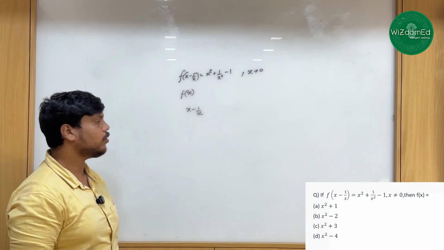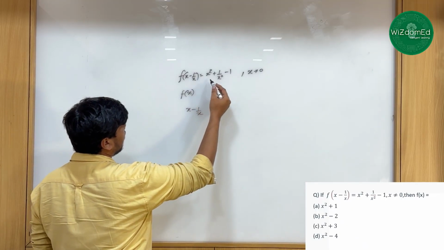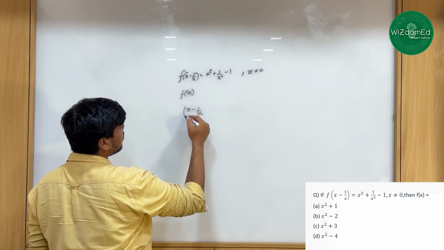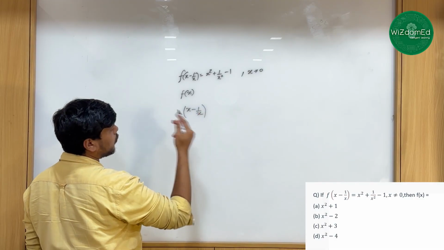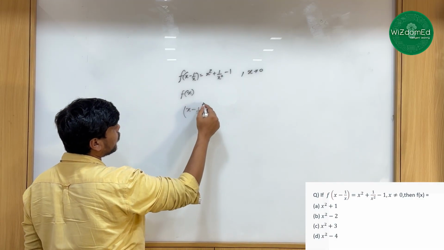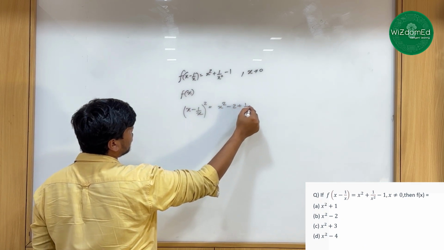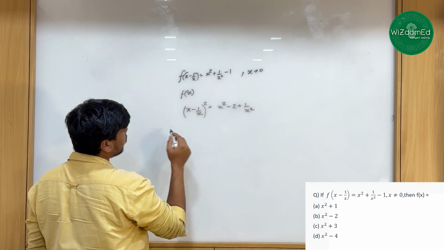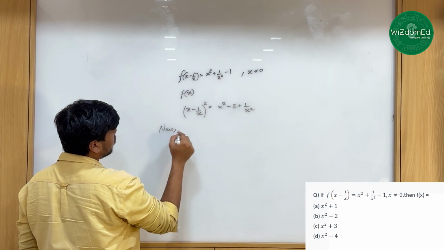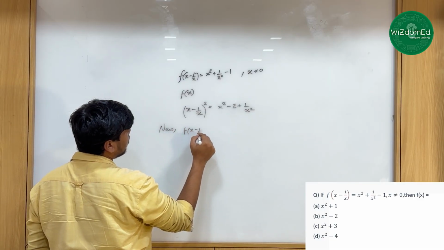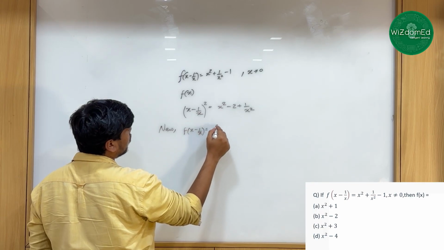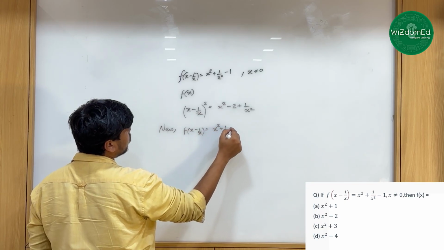I want to change my input and output into the same form. So I want to change my output into the form of x minus 1 over x. And to do that, what can I do? I'll take the square here. I'll get x square minus 2 plus 1 over x square. Now, if I take a look at my function, I have f of x minus 1 over x, which is equal to x square plus 1 over x square minus 1.